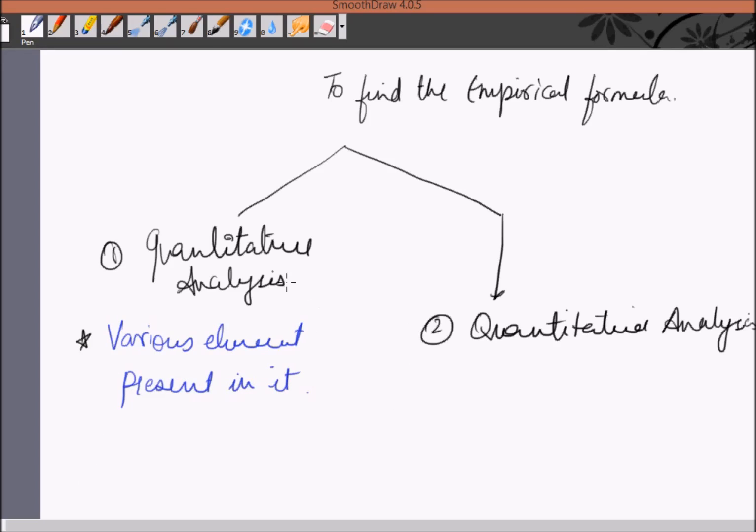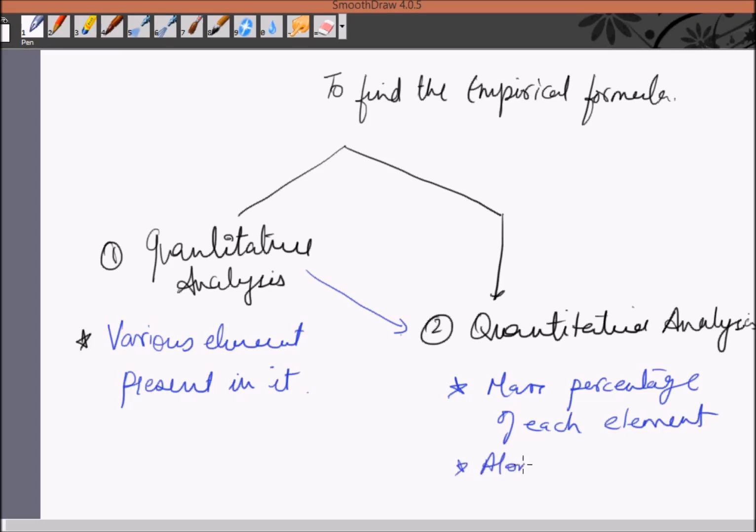Then what do we do? We go to the quantitative analysis, where we have to find the mass percentage of each element present in the compound. So knowing the percentage of each element and their atomic masses, we can get a formula of the compound also.